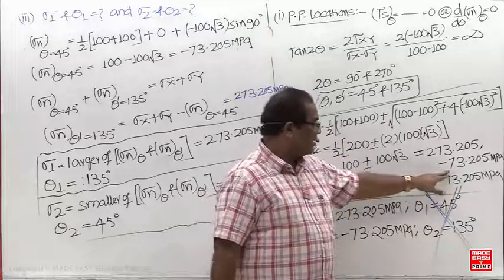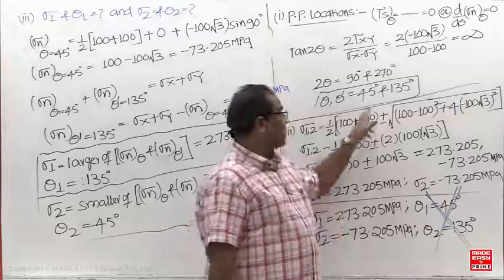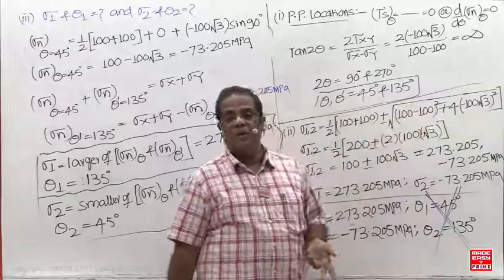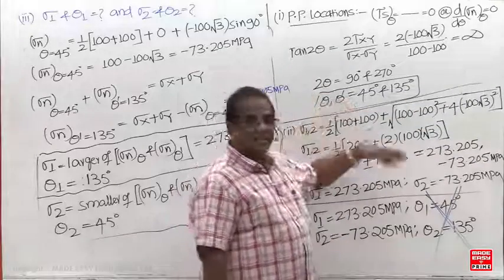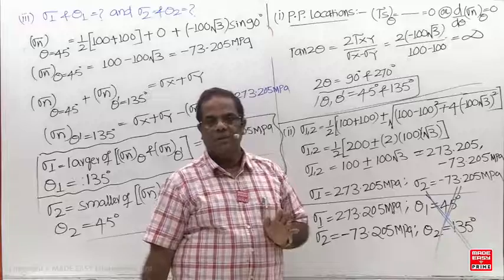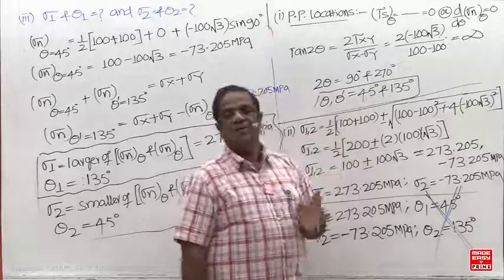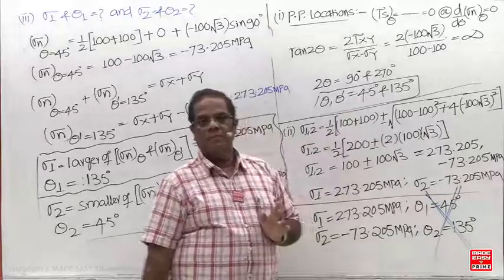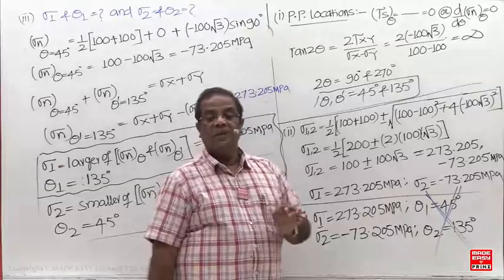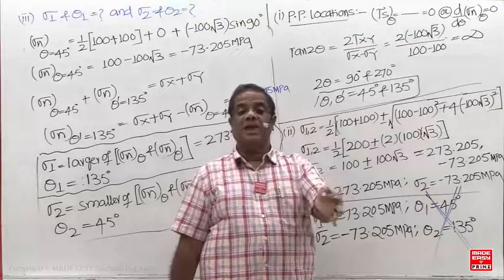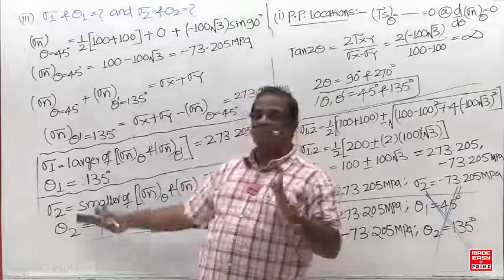And this minus 73.205 will exist on 45 or 135, we don't know. So there is no direct correlation between these values and these values. That's why whenever I ask for the principal stress and principal plane location, you have to use this method.